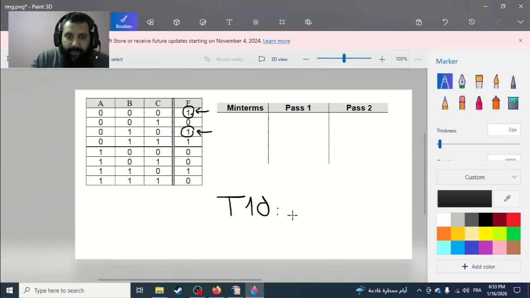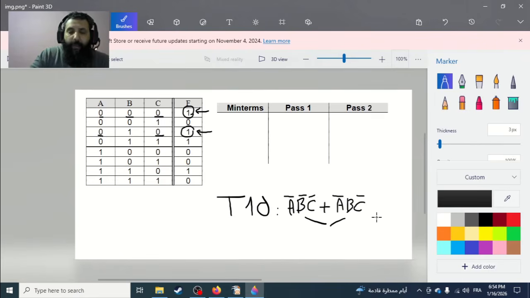This one is A, B, C, but we have to put a bar for each zero. We have a bar here, bar here, bar here. The second min term is A, B, C, and we have 0 for A and 0 for C. If we apply the T10 theorem, we can see that one variable changes.